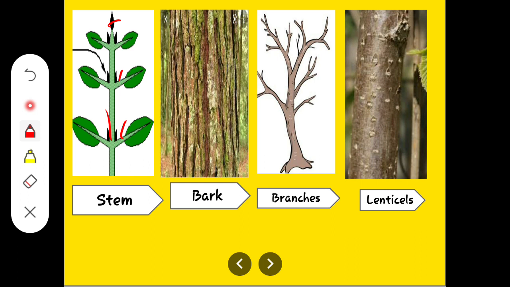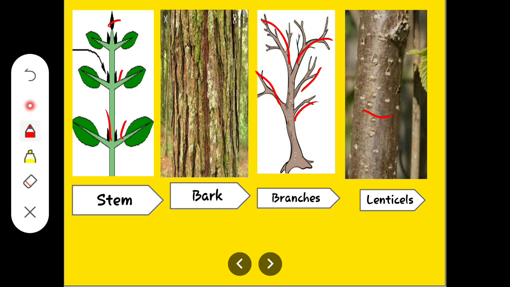Yung nakikita natin sa puno, sa trunk ng puno, sa labas, yan po yung bark. And this one is the lenticels. The lenticels are the tiny openings on the stems or trunks. And these are the branches. Mga sanga-sanga. Okay, so those are the parts of the stem.